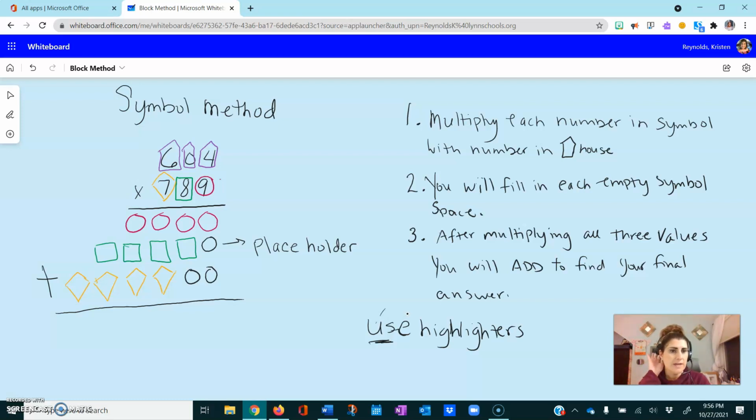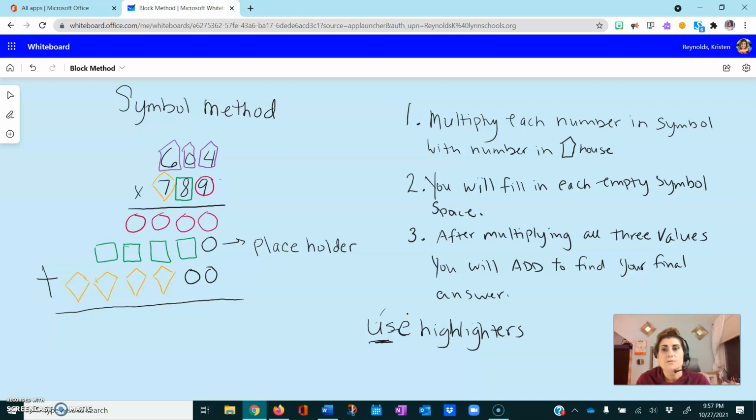We're not dealing with that right now, but it would continue in that same pattern. You would continue adding placeholders based off of the place value you're starting your multiplication at. Okay, let's go ahead and do our multiplication.